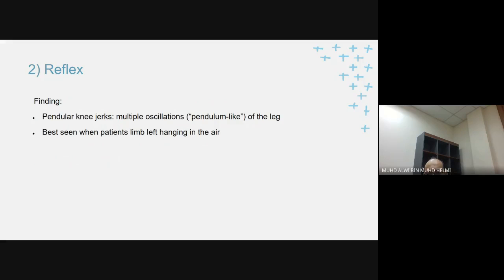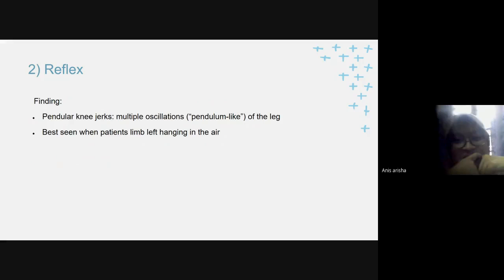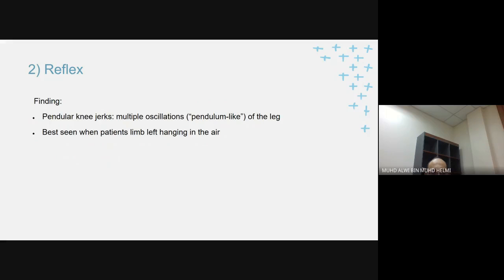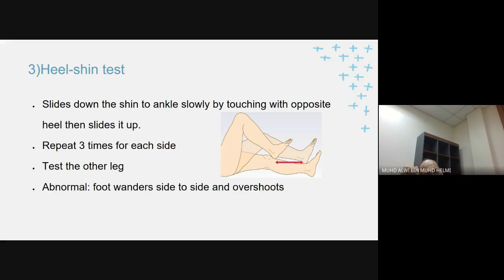How do you differentiate between hyperthyroid and cerebellar reflex? Because in hyperthyroid problems, especially Graves', you also got a problem with the reflex. So how do you differentiate between the two? Understand? You present the thing. Okay, so read on that. It's quite interesting though. Later you can share with your group, share with me and also Dr. Musarga. Okay, next. Hilshin test, it is boring.